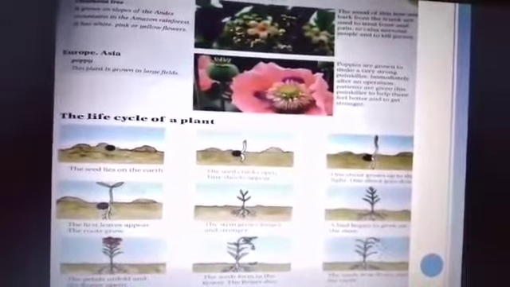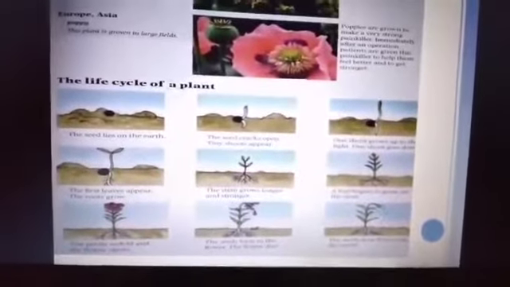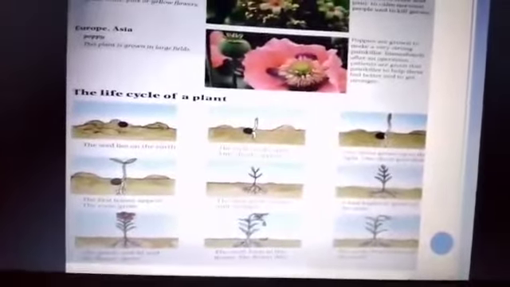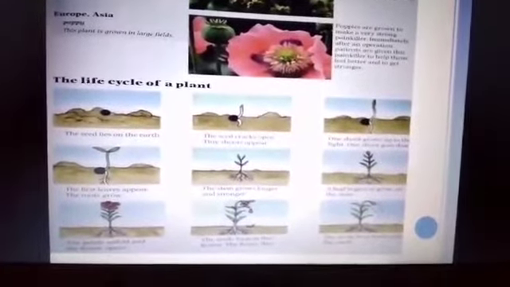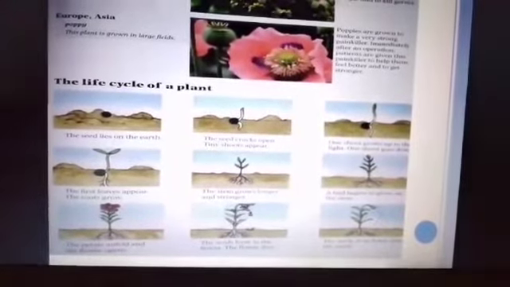Okay. And then we talk about the life cycle of a plant. The seed lies on the earth and then it cracks open and tiny shoots appear.